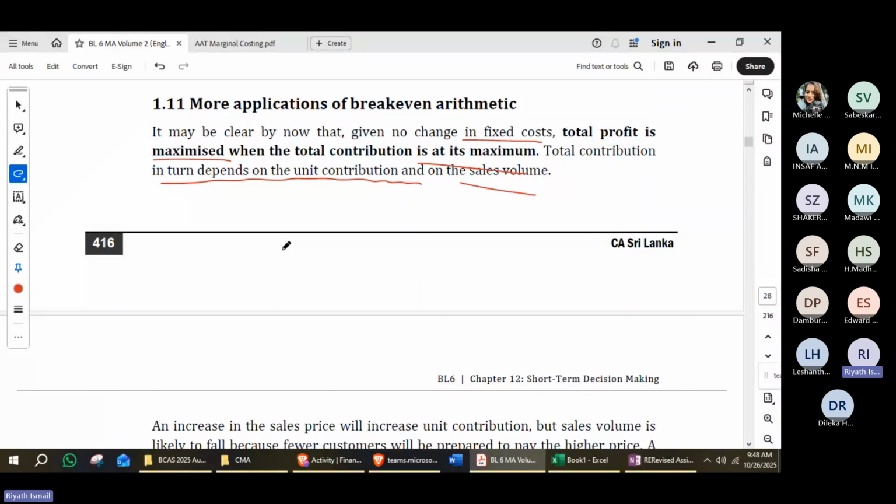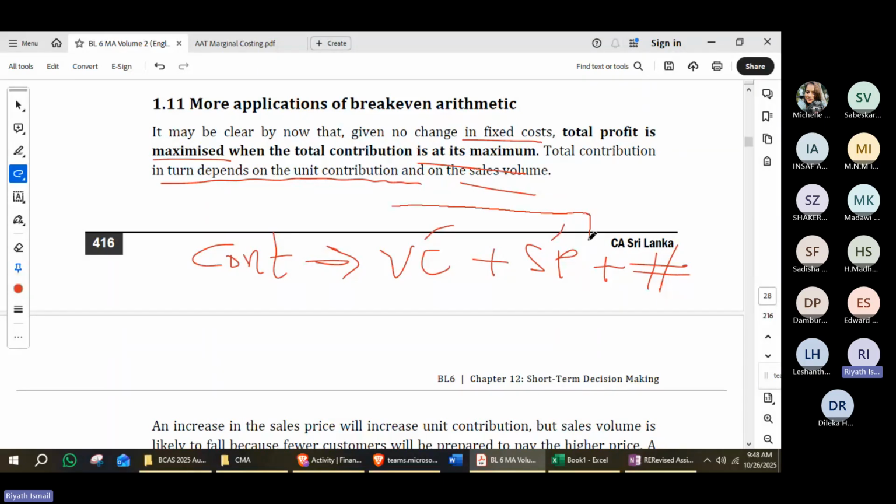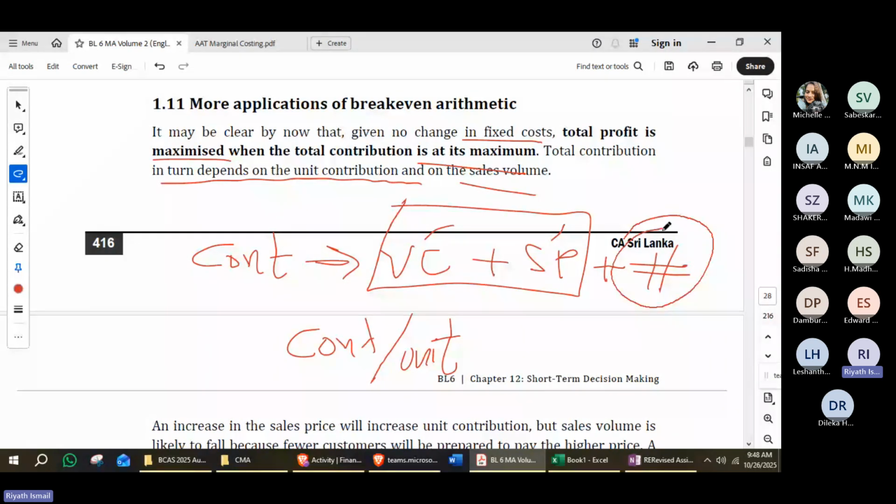The contribution depends on two things: variable cost and selling price, which impact contribution per unit, while the number of units produced or sold will impact total contribution.